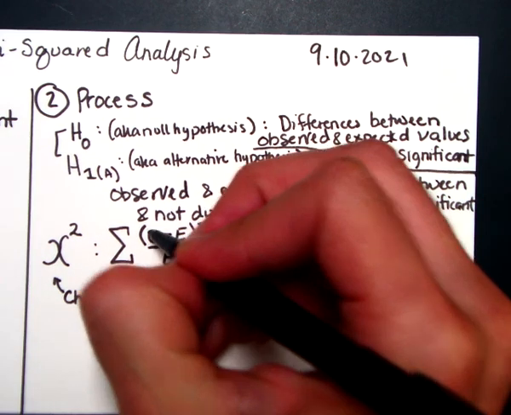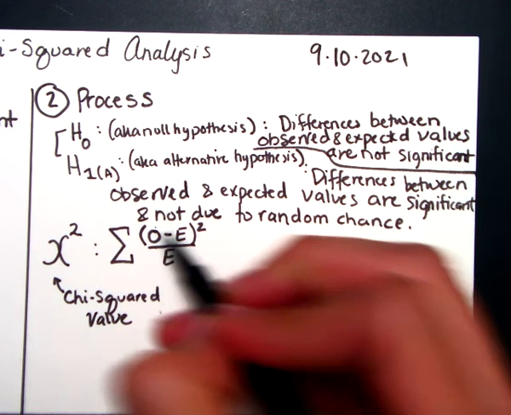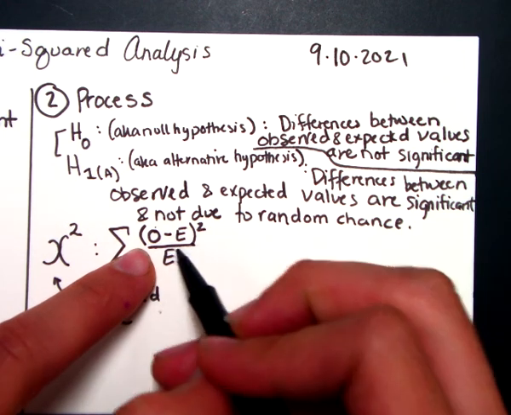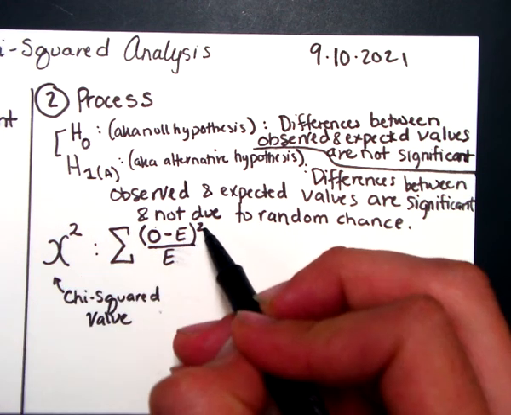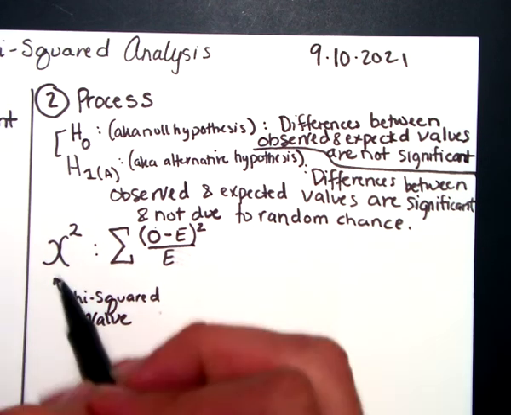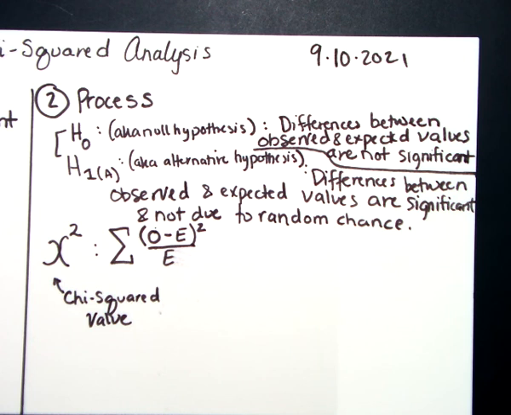So the O is representing an observed value, and you're subtracting for that particular value what was your expected, squaring that difference and dividing it by the expected value. You do that for each one of your observed values, add them up, and that gives you your chi-squared value.